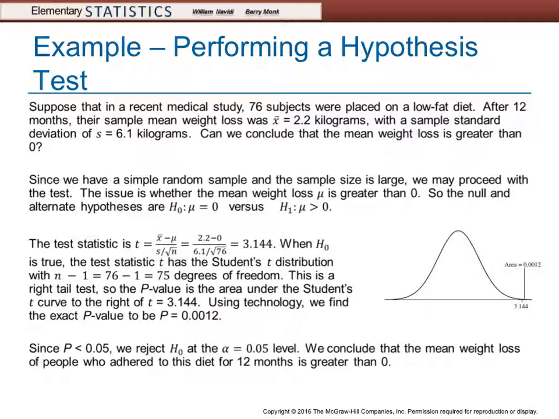Now suppose that in a recent study, 76 subjects were placed on a low-fat diet. After 12 months, their sample mean weight loss was 2.2 kilograms, with a sample standard deviation of 6.1 kilograms. Can we conclude that the mean weight loss is greater than 0?